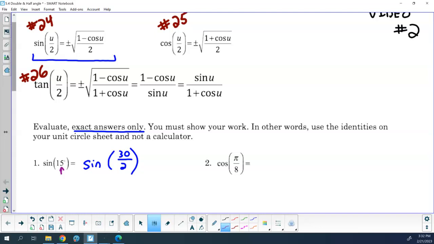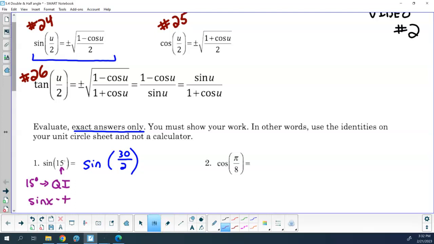So 15 degrees is in quadrant number 1, and sine is positive in quadrant number 1.